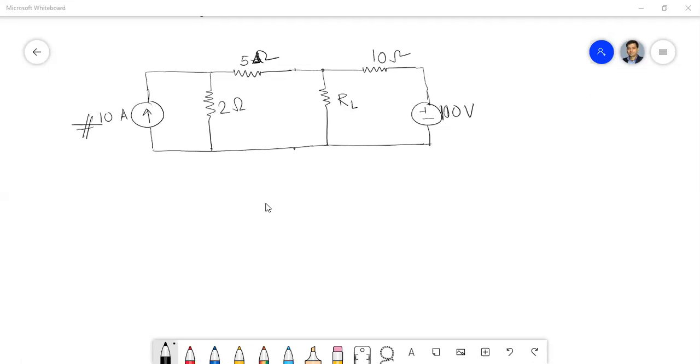Calculate the RThevenin. We have to first find out the Thevenin equivalent of the circuit. That is the first step.